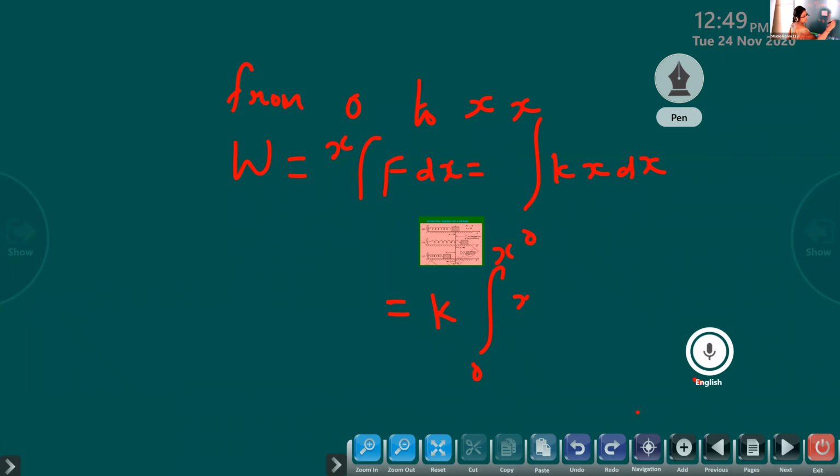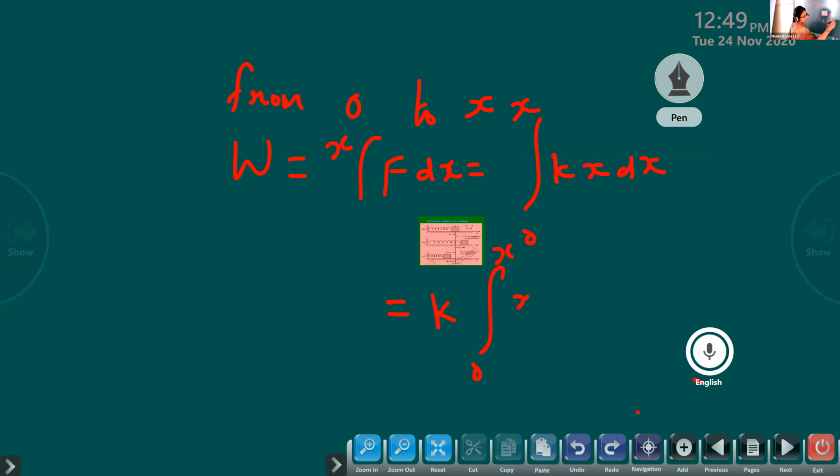I think I have taught you the standard equation for integration. Just learn this equation: the integral of x to the power n dx is equal to x to the power n plus 1 divided by n plus 1. If you memorize this equation, we can integrate x dx.